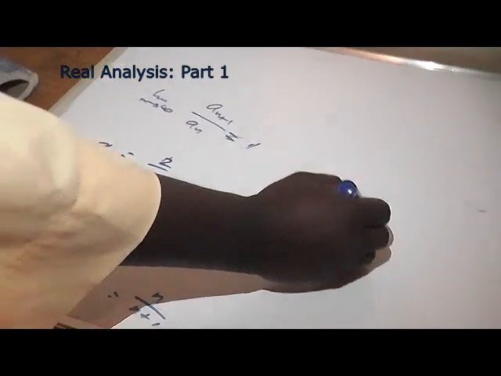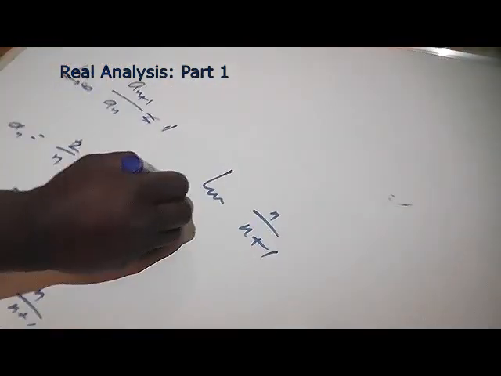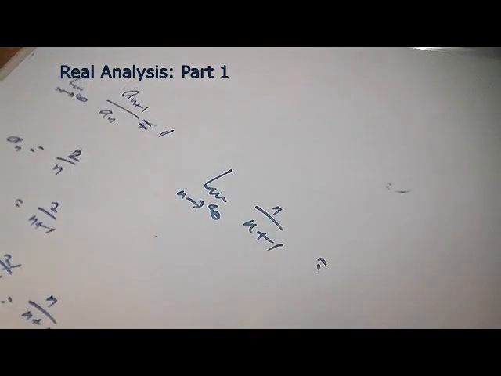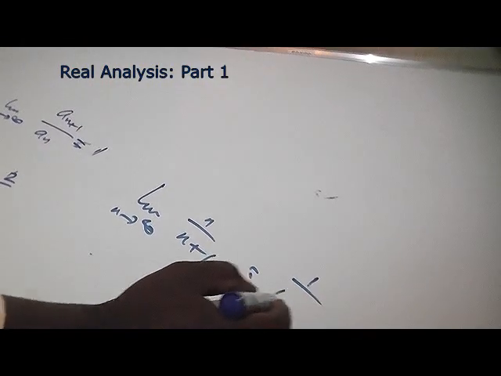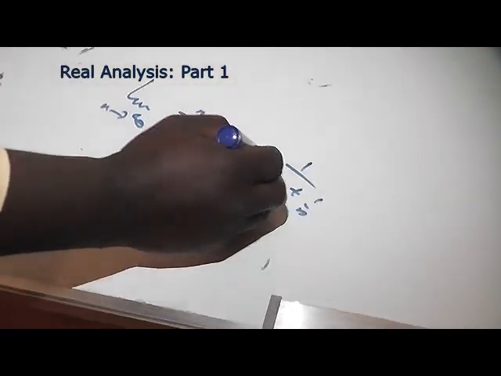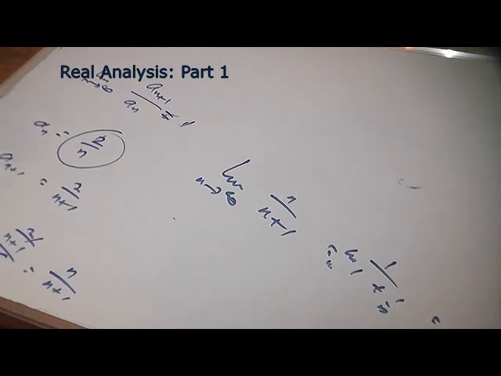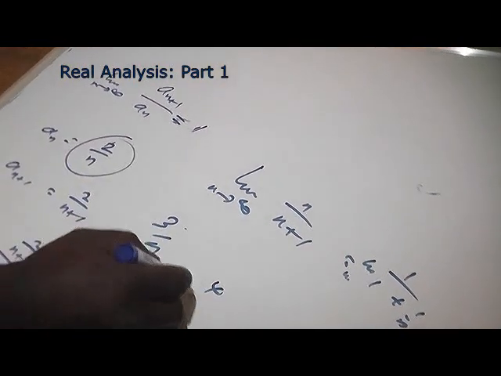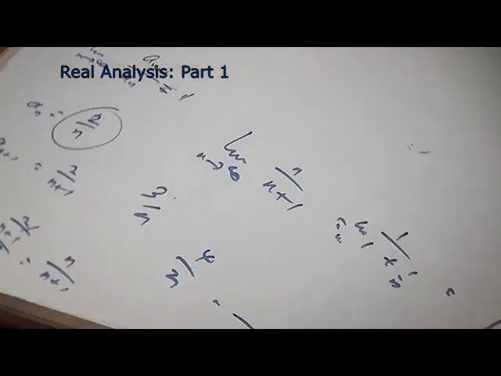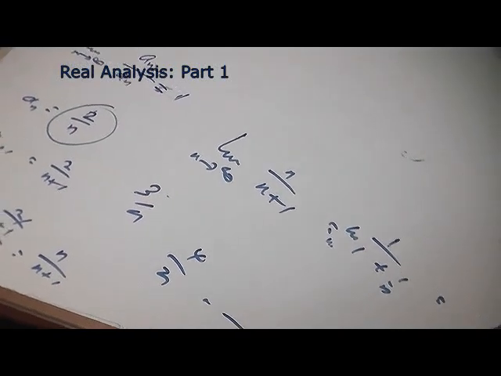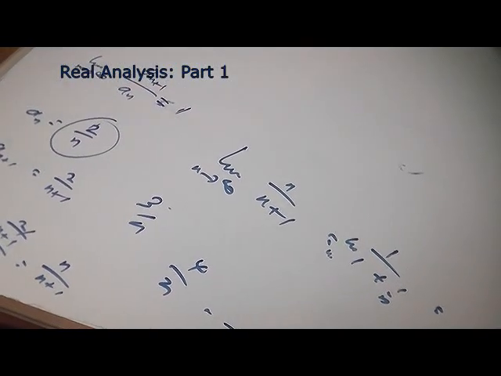Take the limit of this as n tends to infinity. This will give us 1 over 1 plus 1 over n, limit as n tends to infinity, which is 1. That this converges by the ratio test. If you try 3 over n, 4 over n, and down the line will also certainly converge by the comparison test.